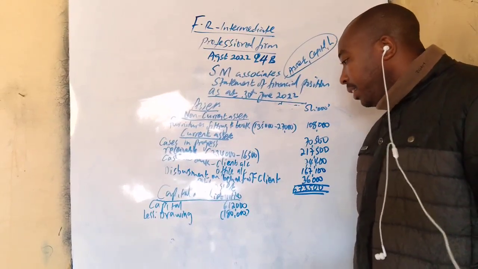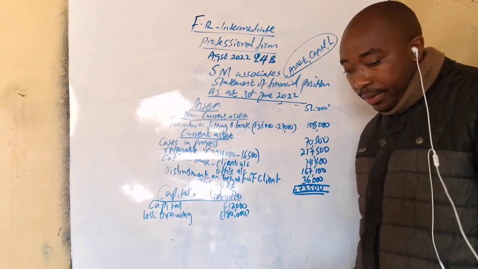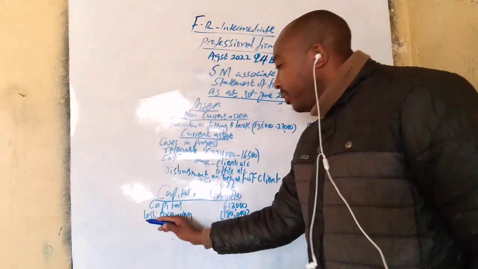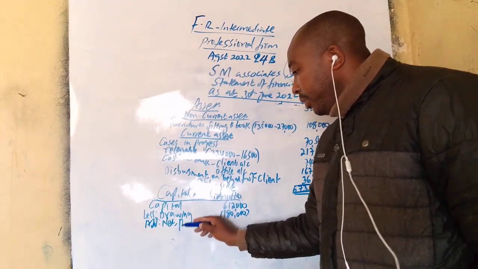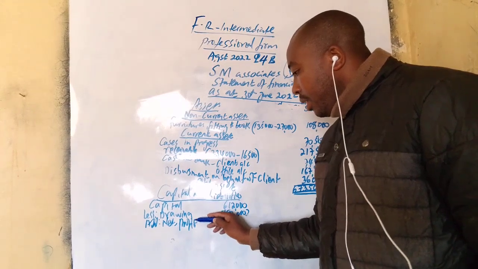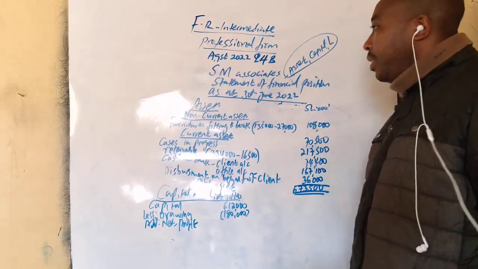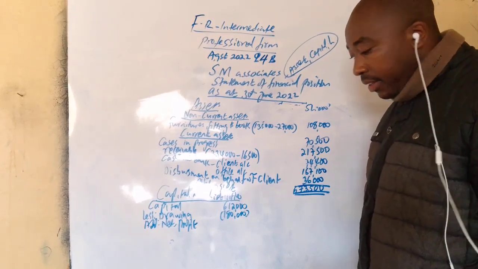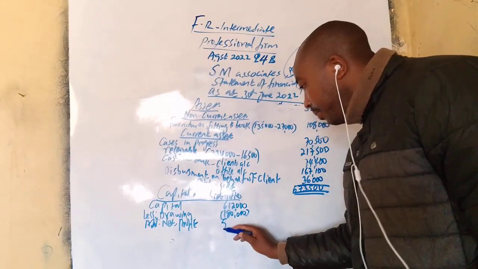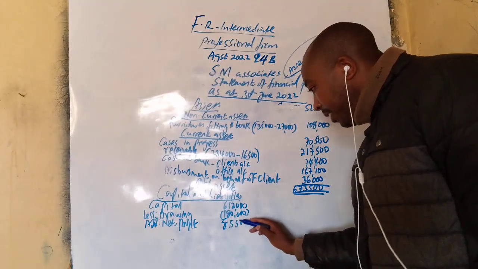Then on top of that, I can see we are having a profit. We add the net profit. Which net profit is this? The one we calculated in the profit and loss. Someone to remind us? Yeah, it was 85,500.